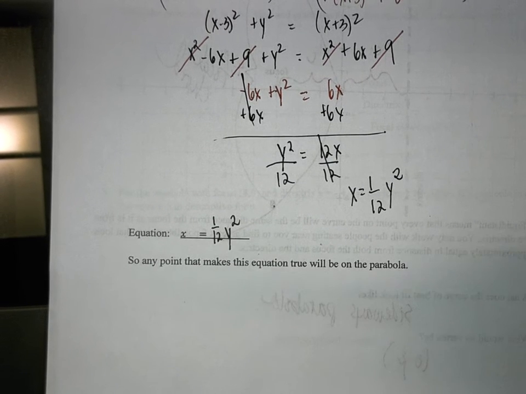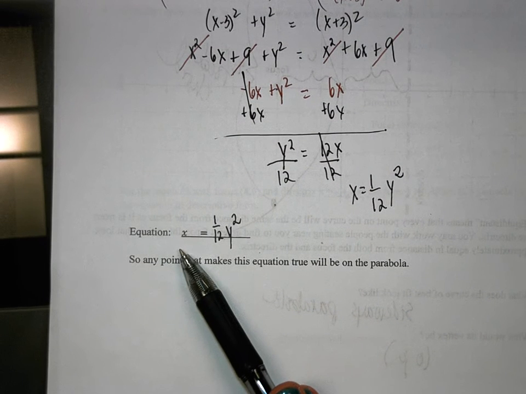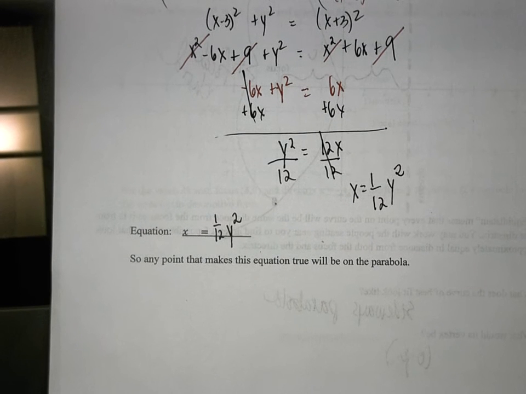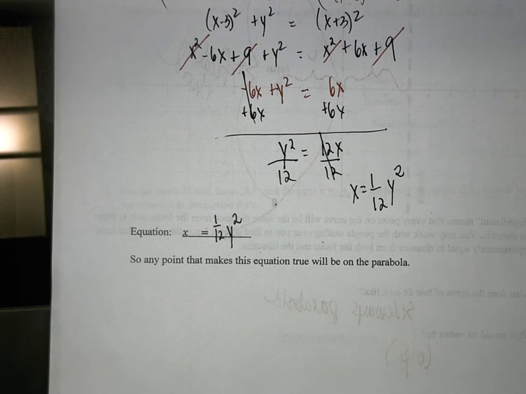And when you have a y equals equation, your parabola is going with the y-axis. Does that make sense? So it's curving with whatever it ends up being equal to. Okay. So on these problems, we're going to want to get x by itself. Okay, so any point that makes this equation true will be on the parabola.